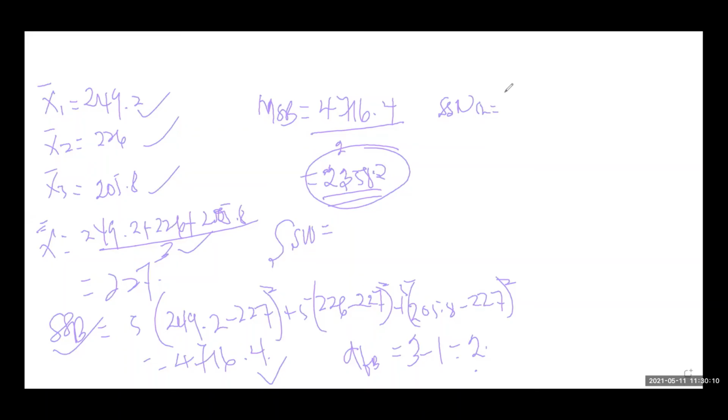Xij: for this one, the first element is 254 minus the corresponding sample mean for club 1, 249.2, squared, plus the next Xij for club 1, 263 minus 249.2 squared, plus the next one.